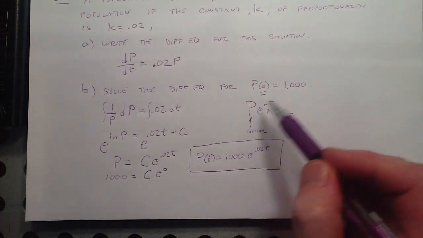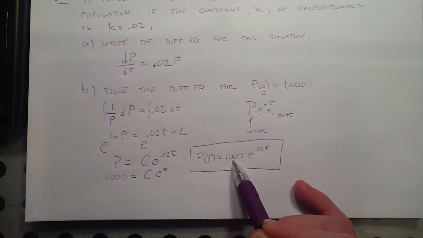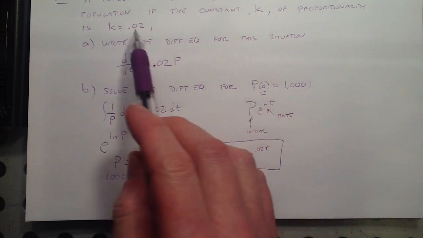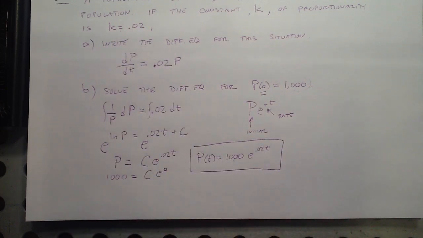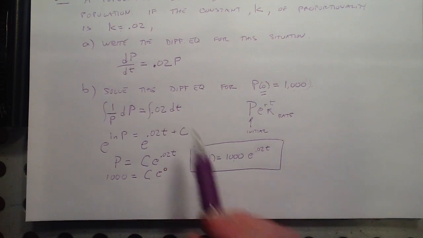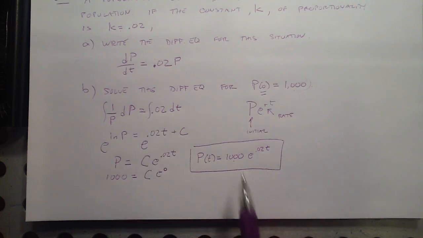And you can see that the initial amount, 1,000, and there's our constant of proportionality, that was our rate, 0.02. So you can make short work of that, but you can see the calculus is not hard to get you there. Okay? Now we could be asked other questions about this.